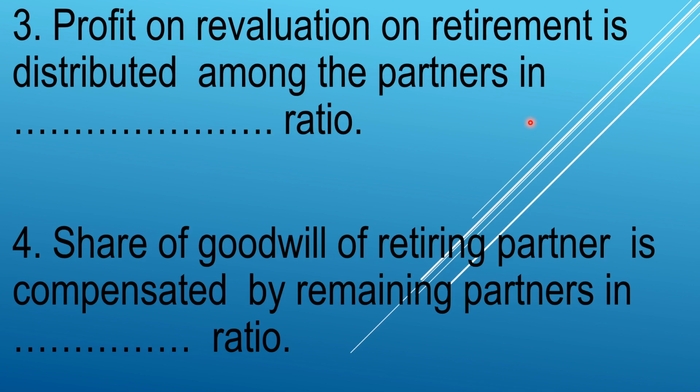Sometimes sacrificing ratio may also come at the time of calculation of gaining ratio. If remaining old partners want to decrease their share, that time that particular partner can sacrifice also. So ultimately, maximum 4 types of ratio we can see in case of retirement of a partner.